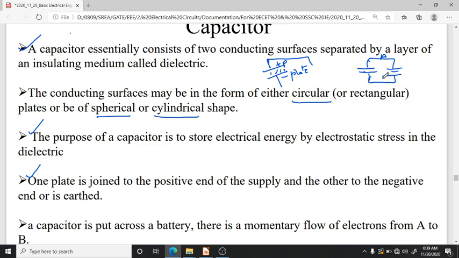This is point A, this is point B. Whenever you connect the battery, electrons pass from A to B, and the passage of current generates electrostatic stress between the two conducting surfaces, that is, the dielectric medium. Inside the dielectric medium, this electrostatic stress creates the electrostatic energy, called electrical energy, which is stored in the capacitor.